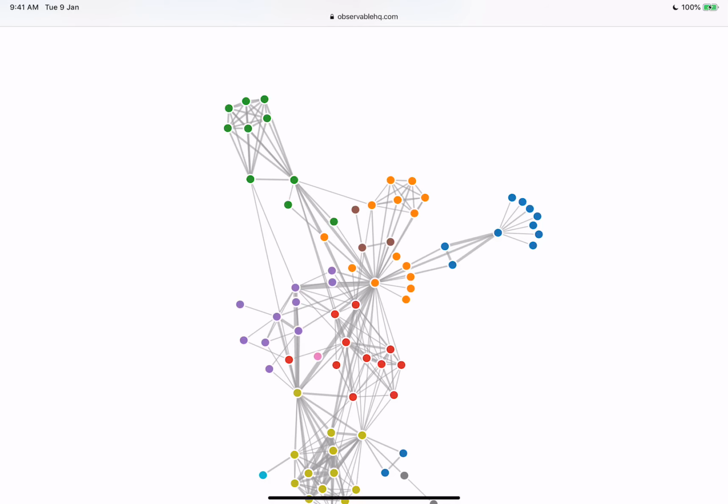If for any given pair of points the distances are too low in the low dimensional space, then we put an additional force that pulls them apart from each other.